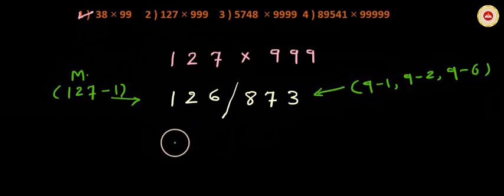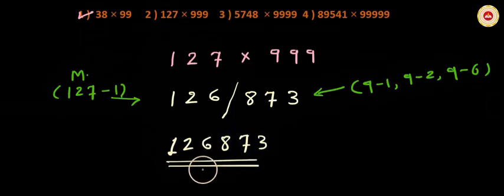Now it is time to write the answer by removing the slash. 126 is the left part, remove the slash and write 873. This is the answer friends: 126873. So let us write the final answer here.